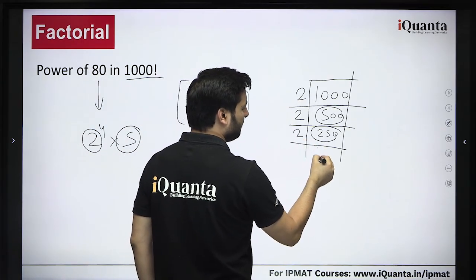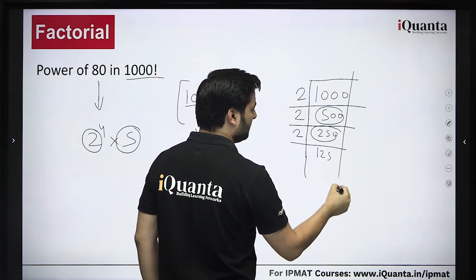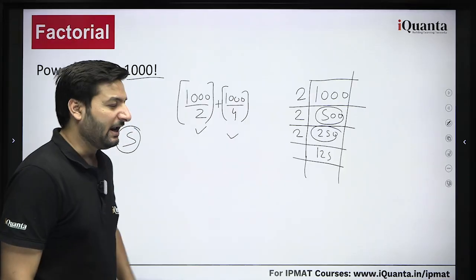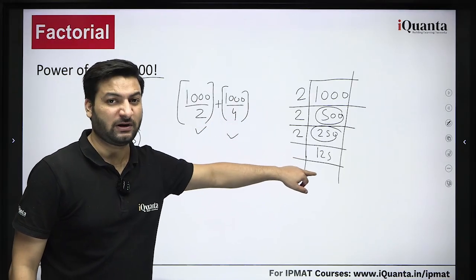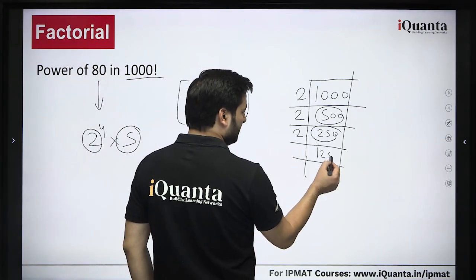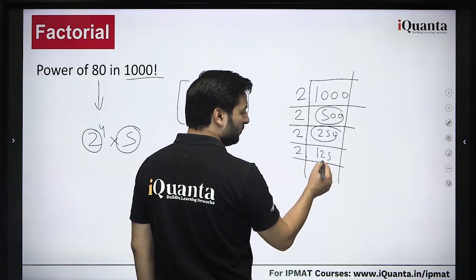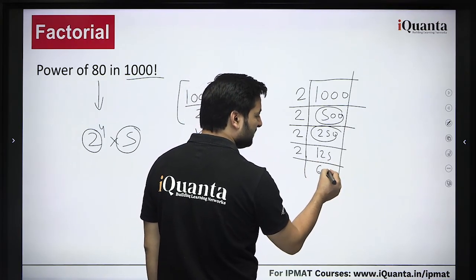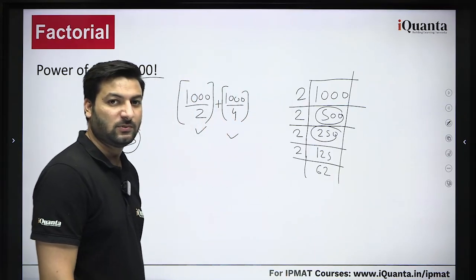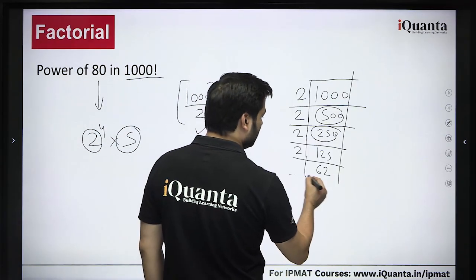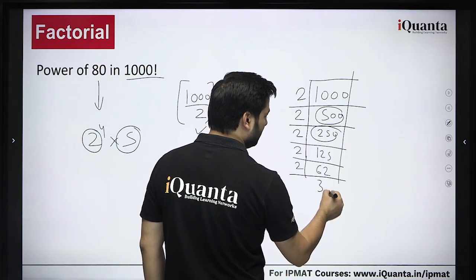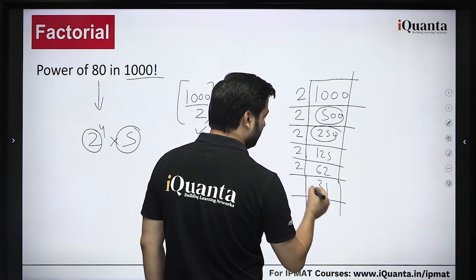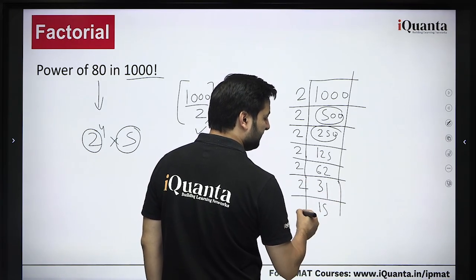Then 125 times, yes or no? And you have to keep dividing it by 2. This is not prime factorization. If you divide it by 2, what do you get here? 62 point something, you just take 62. Then further by 2 we get 31, then further by 2 we get 15 point something, 15 only.